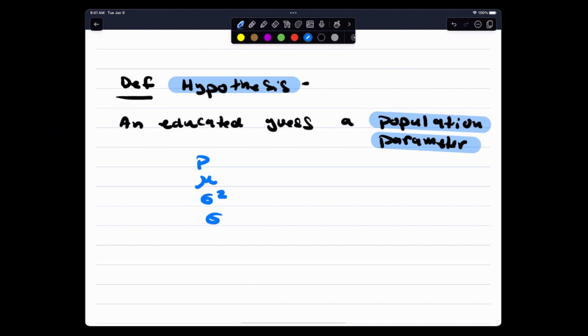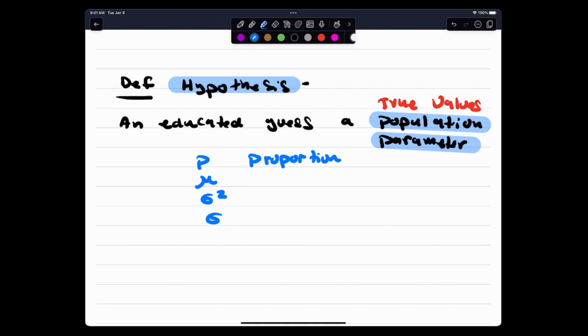Sigma squared and sigma. So P stands for proportion, ladies and gentlemen, and it's the same P you guys worked with in estimation. These are the true values, okay?